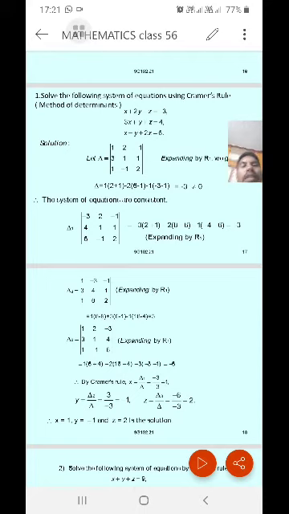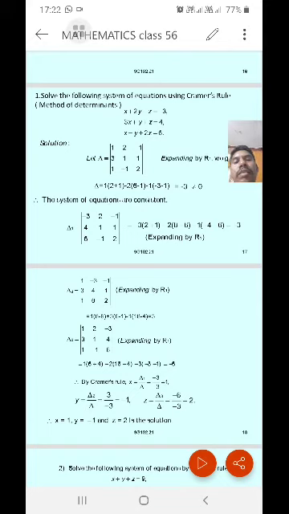Here also expanding by R1, so minus 3 of 2 plus 1. So minus 3 of 2 plus 1 means minus 3 into its minor.